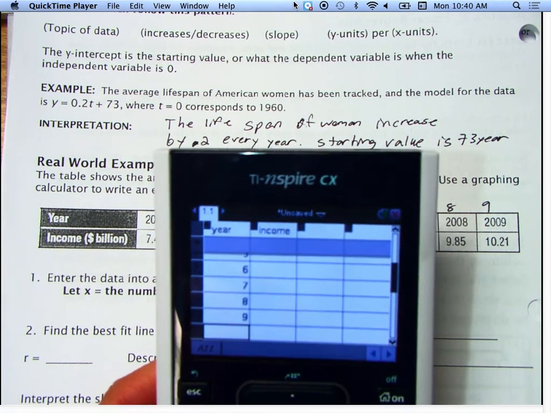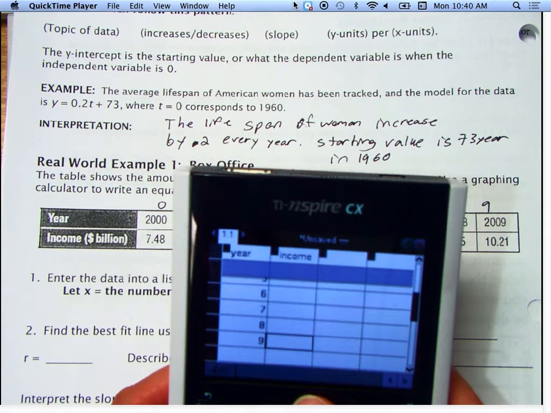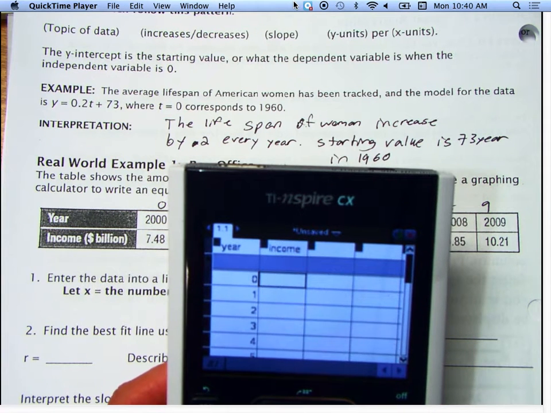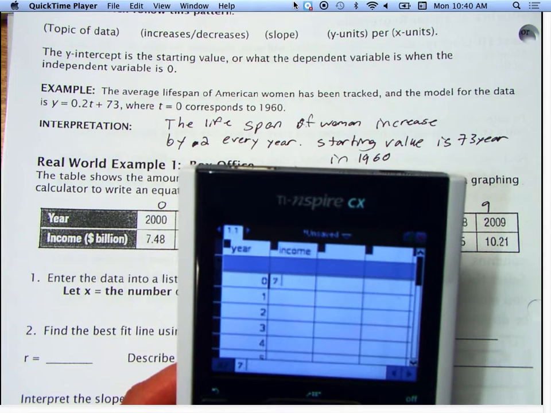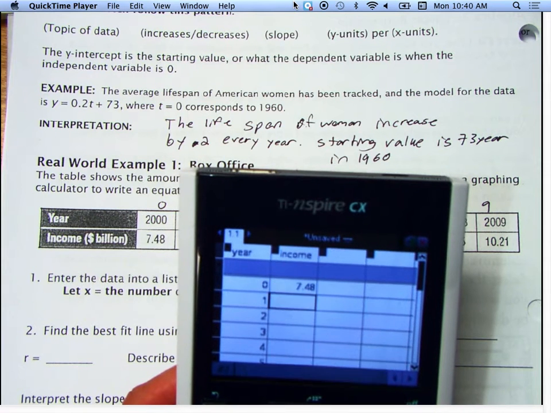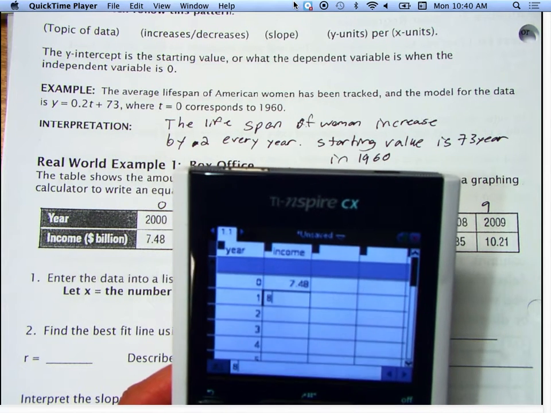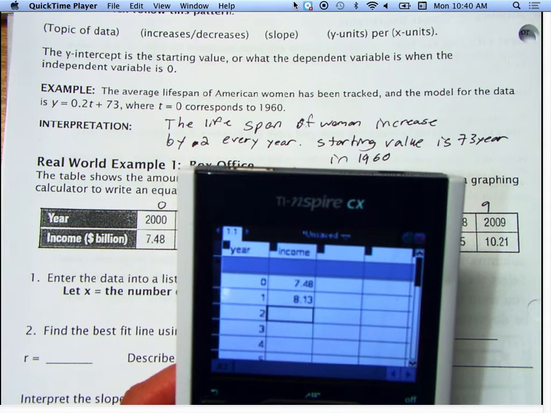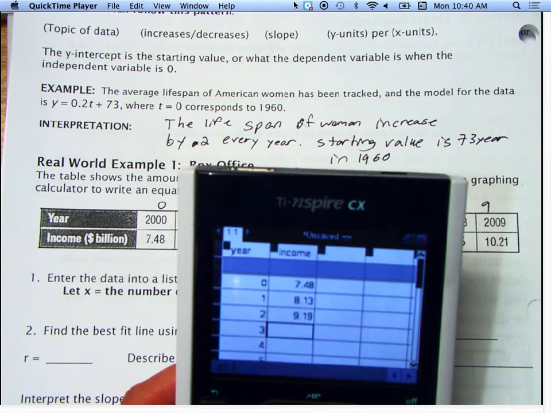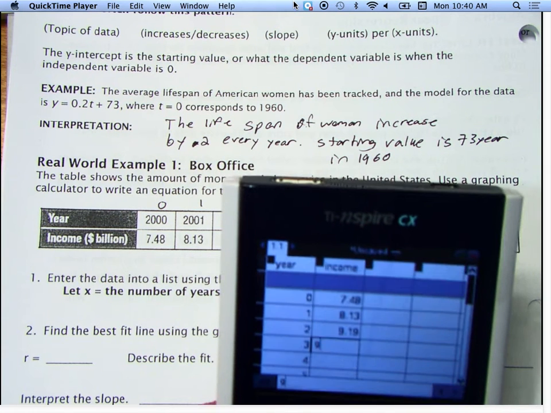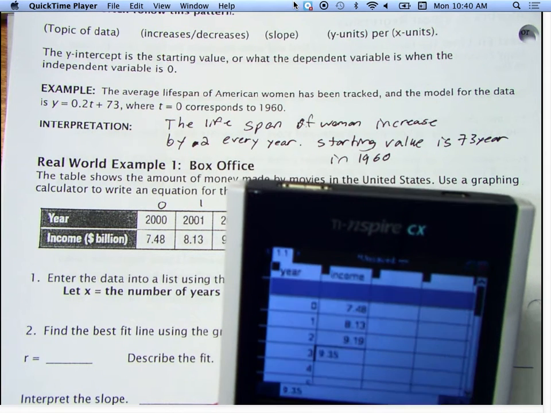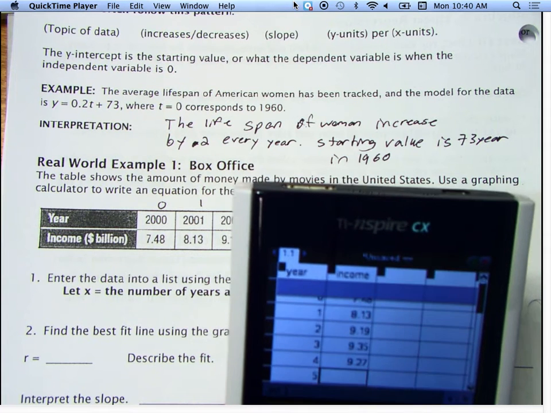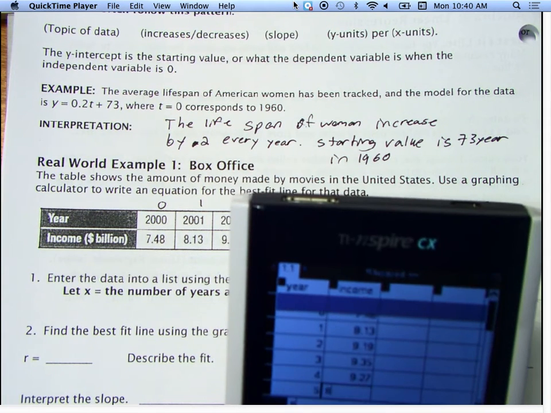Pretty straightforward? Okay, and then under income, next to 0, I'm going to put 7.48. Next to 1, I'm going to put 8.13. Next to 2, 9.19. Next to 3, 9.35. Next to 4, 9.27. Next to 5, 8.95.